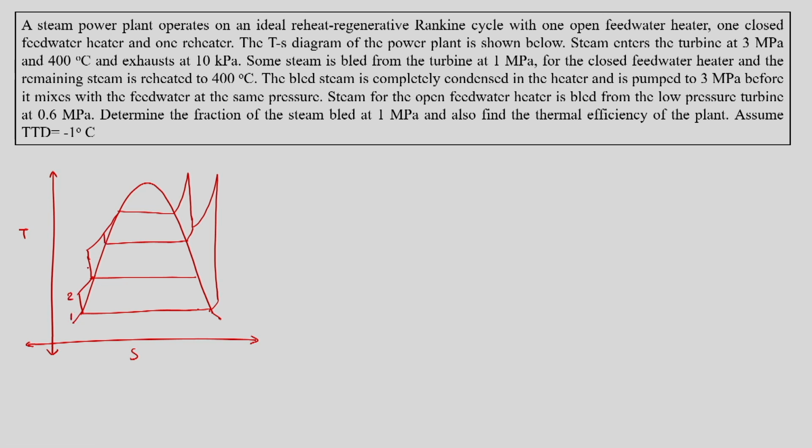So this is 1, 2, 3, 4, then we will say -1 degree Celsius. So this is above here, so this is 5, this is 6, this is 7, 8, 9, 10, 11, 12, 13. So these are the states.